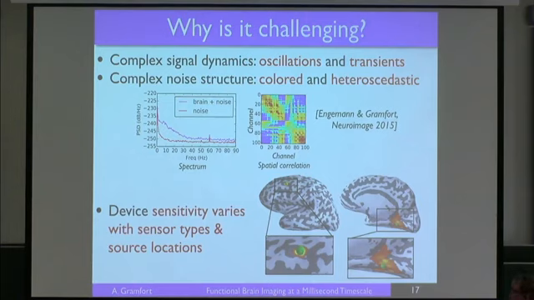And here what you see in blue is the same power spectrum density estimated when you put a brain inside the system. Everything between the red line and the blue line is what we are trying to understand. All this power in between is what is produced by the brain, and it is what you try to characterize and quantify in order to better understand what the brain is doing with these types of devices. Now this is just one sensor.